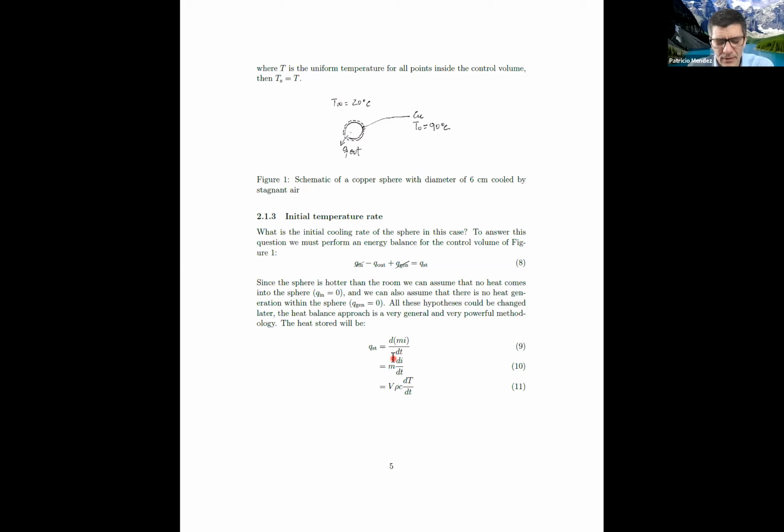But the whole point of this math, that is just Calc 1, is to make formal the things we already know. All right, and we know that mass is volume times density, and enthalpy, the copper does not melt, has no phase change between 90 degrees and 20 degrees. So it would be specific heat times temperature rate. In this case it would be a cooling rate.